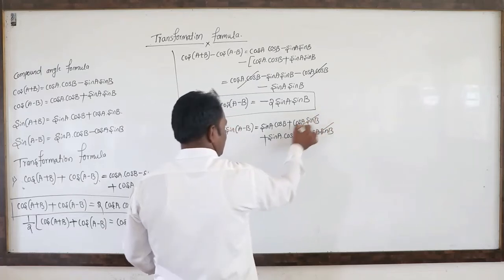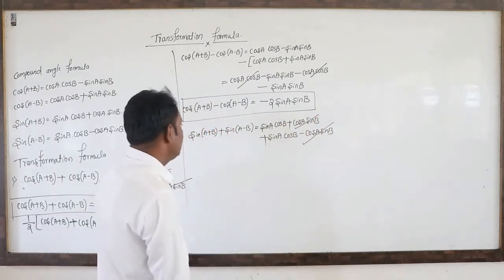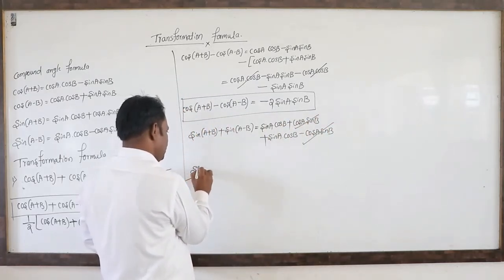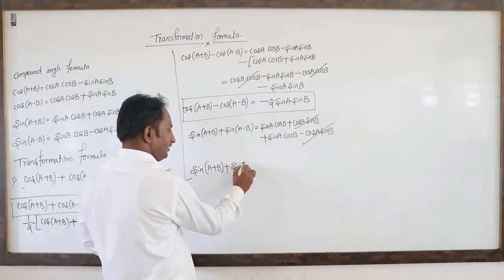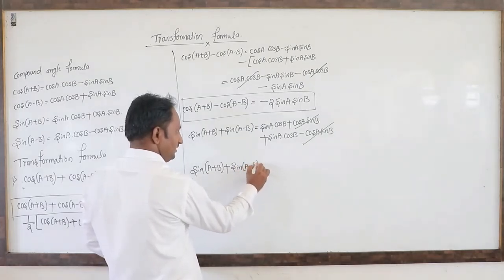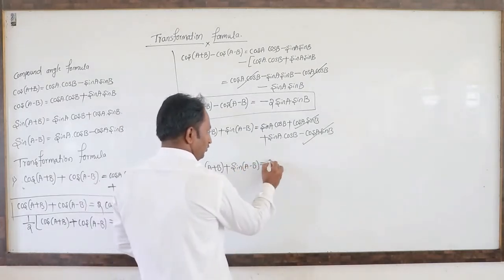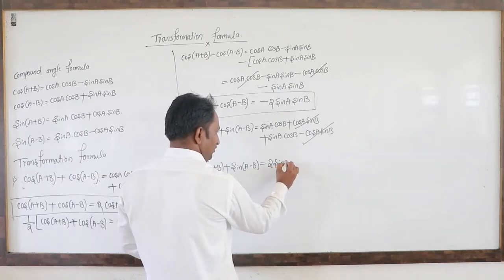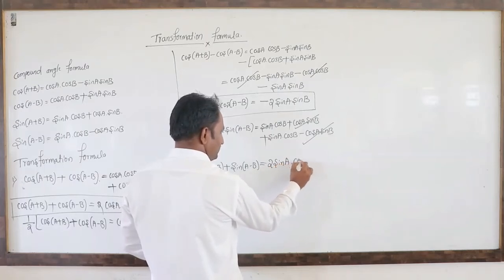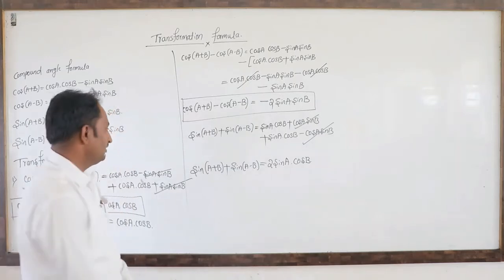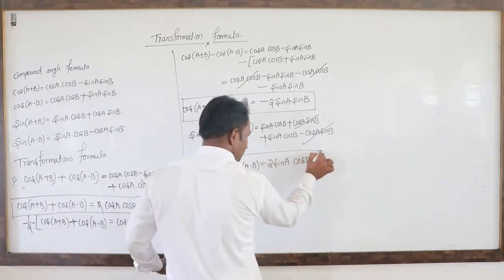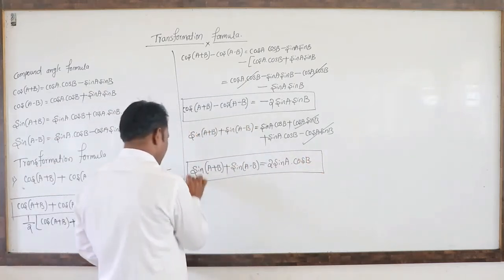Here these two values get cancelled. Here the sine of a plus b plus sine of a minus b is equal to 2 sine a cos b. Here this is the third important formula.